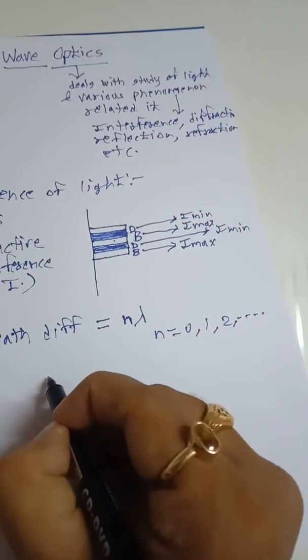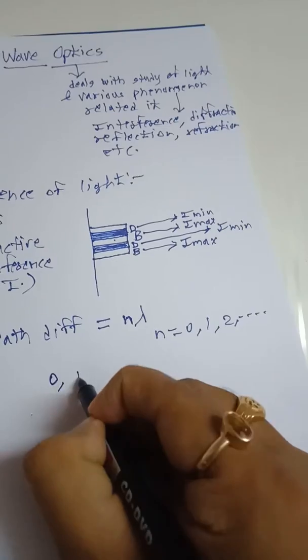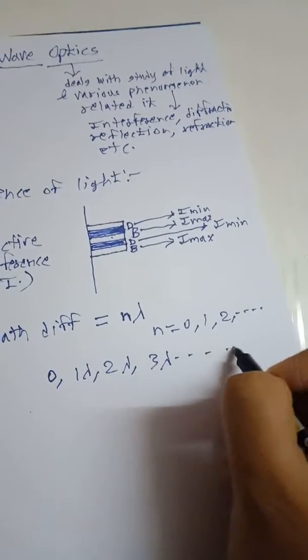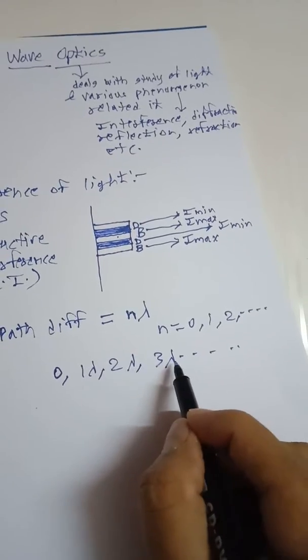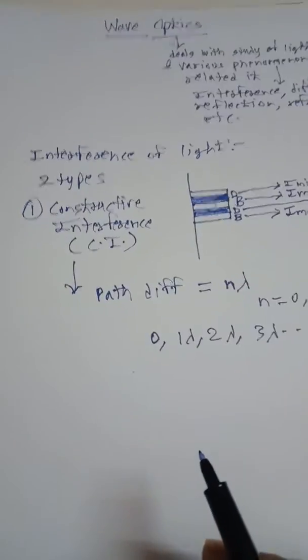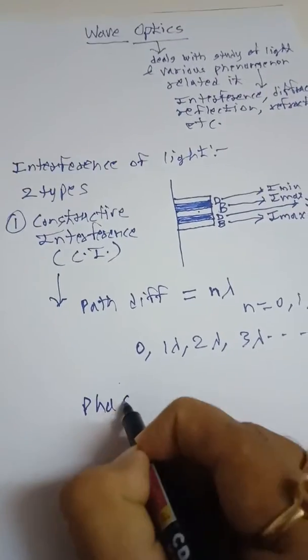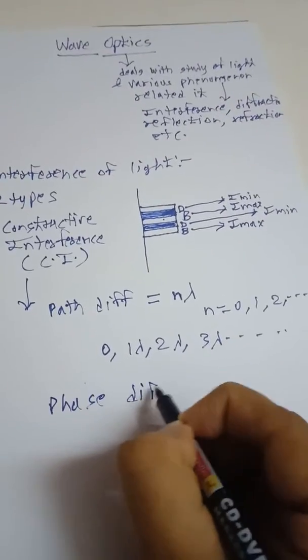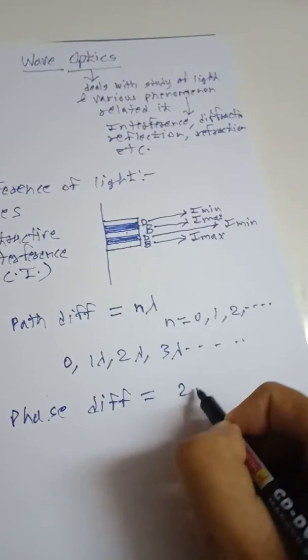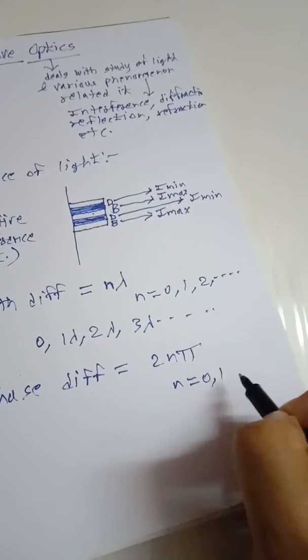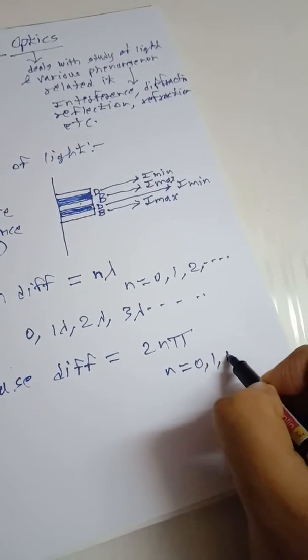So it can be 0, 1 lambda, 2 lambda, 3 lambda. At each and every such path difference, constructive interference will take place. And the phase difference is also there. The phase difference should be equal to 2n pi, where n is equal to 0, 1, 2, 3 and so on.